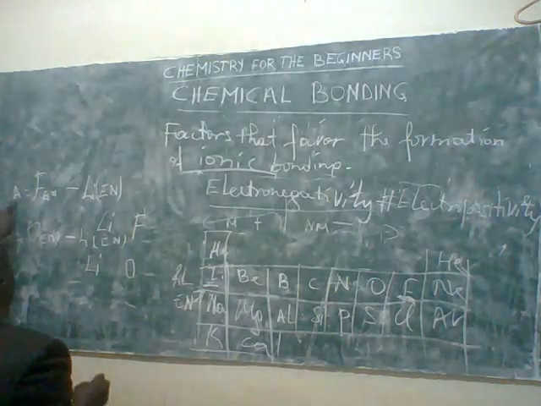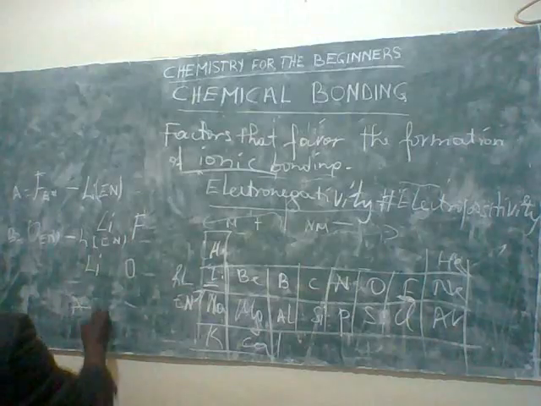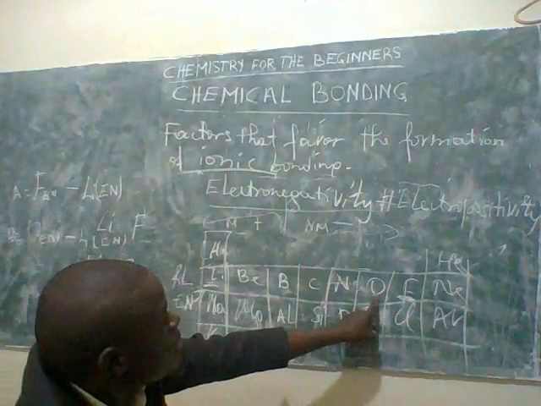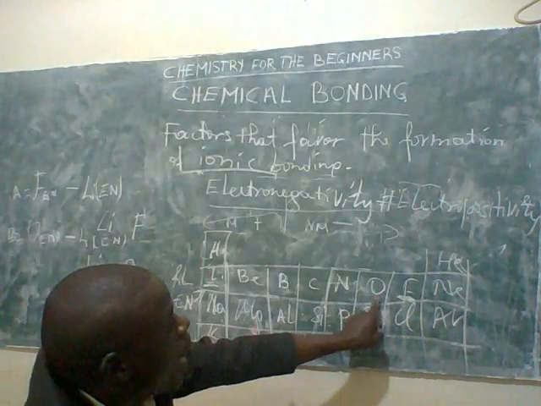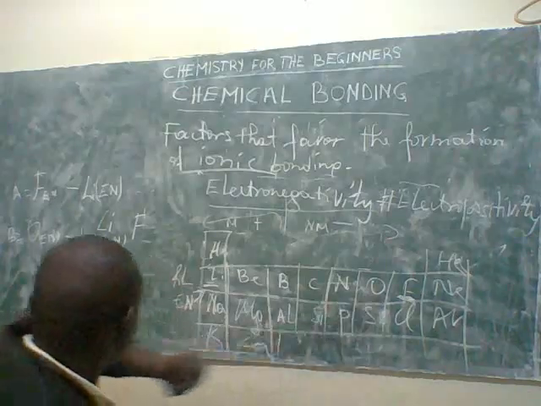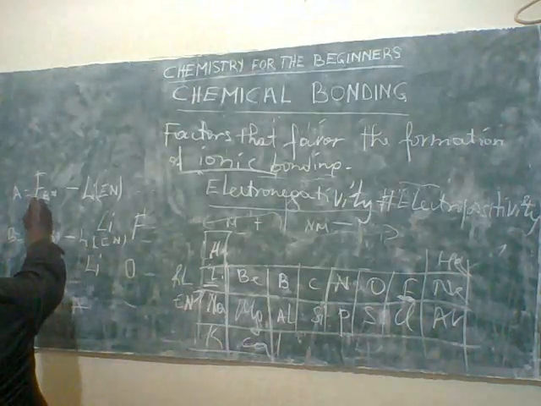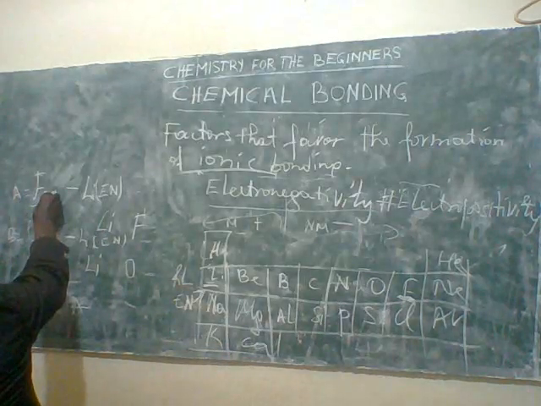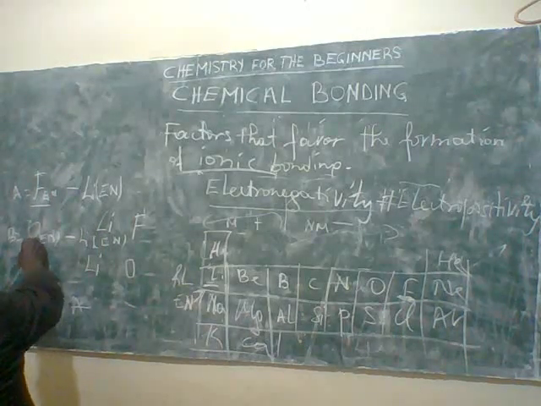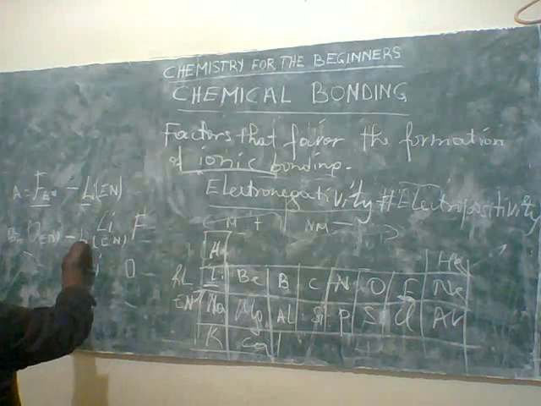So A: fluorine has more electronegativity than oxygen, which means this has a bigger number compared to this, and we are subtracting the same number.